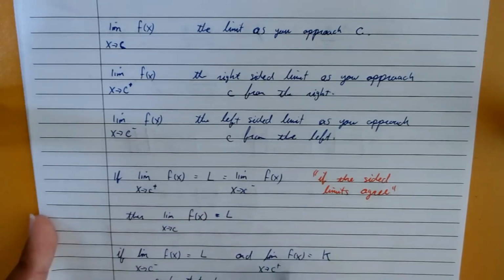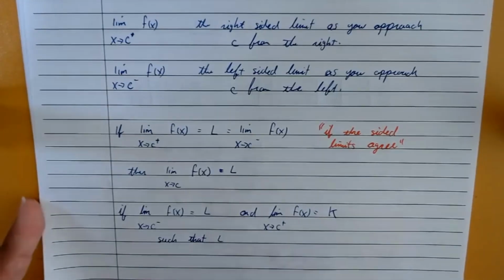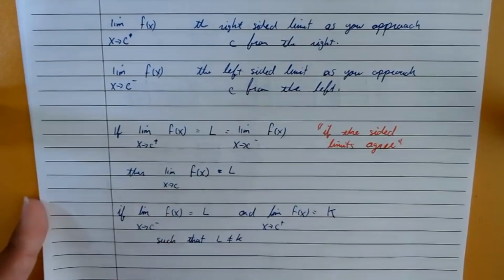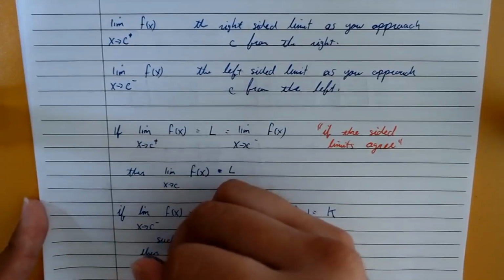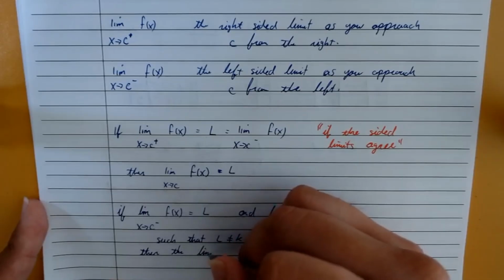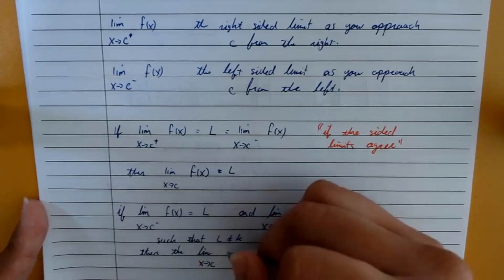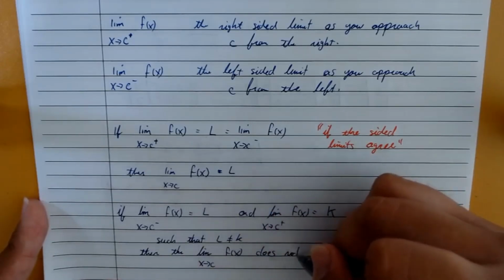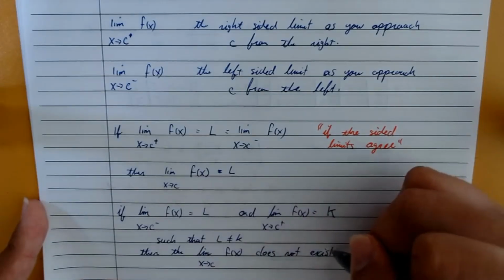So in other words, the two limits are different from each other, they do not agree, then the limit does not exist. The limit as x approaches c of f of x does not exist.